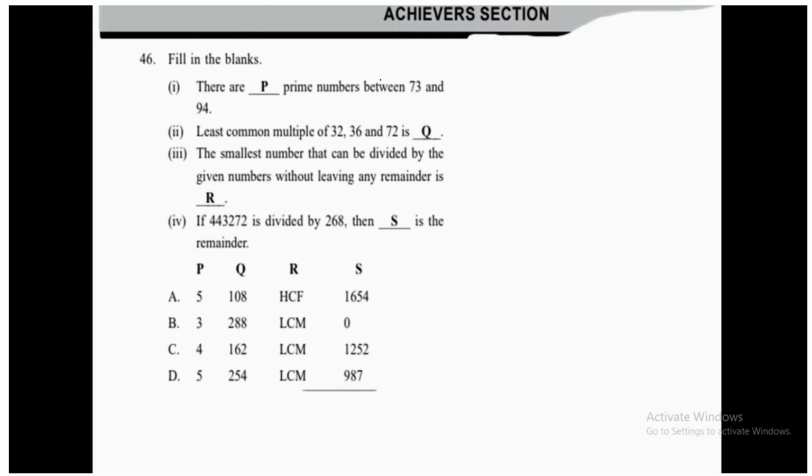Okay, let's see. 73 itself is a prime number. Okay, after that we have 74. 83 is a prime number.